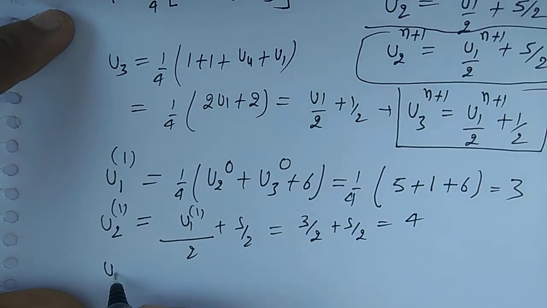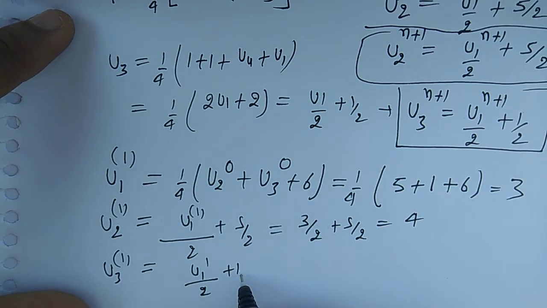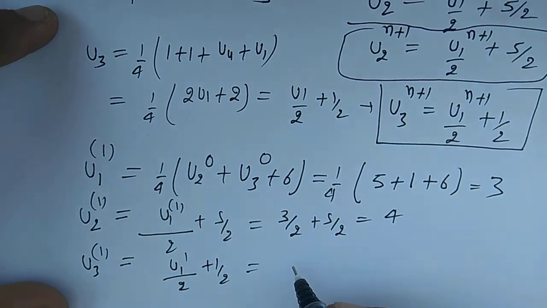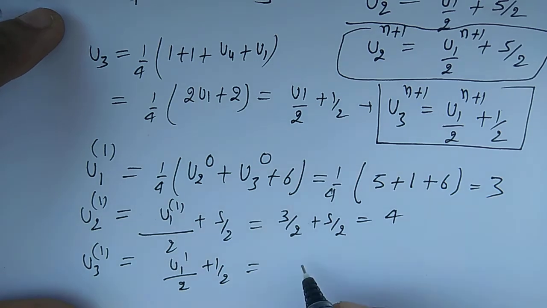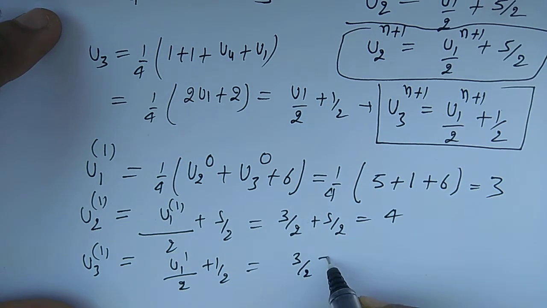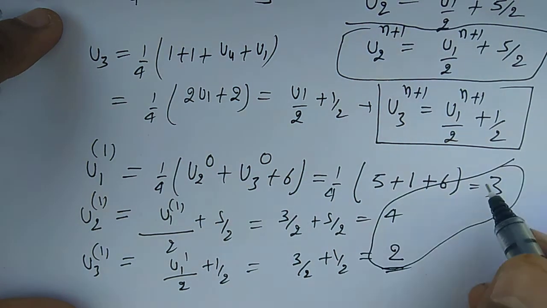Now u3 1 equal to u1 1 by 2 plus 1 by 2. So u1 we have 3, so 3 by 2 plus 1 by 2, so 4 by 2 equal to 2.